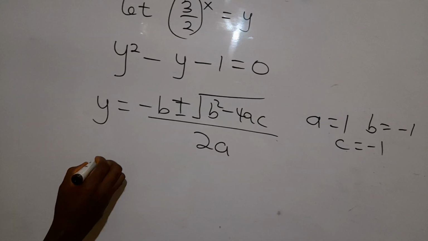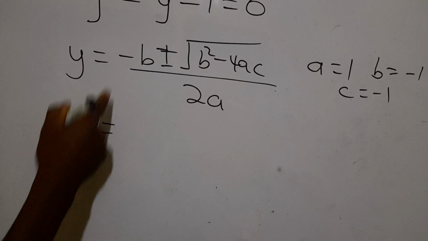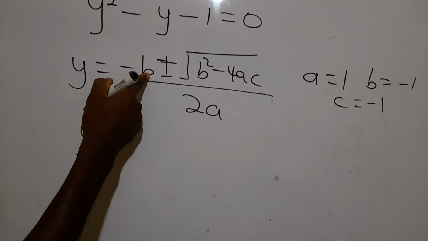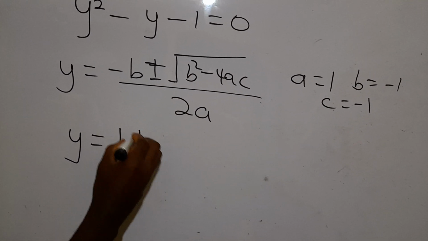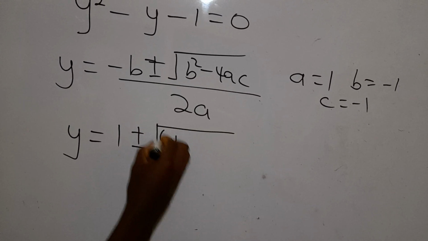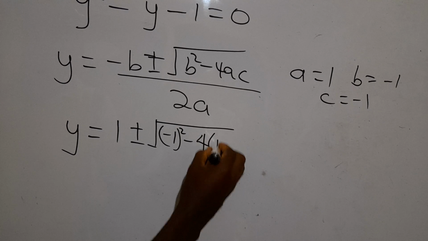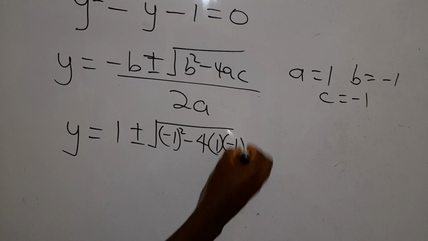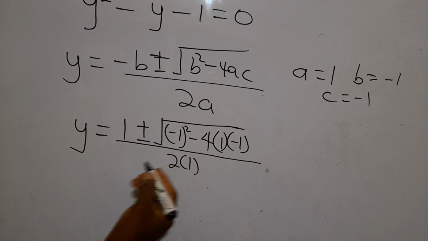So I'll substitute. Then I'll get my y to be equal to negative b. So b is negative 1 already, so it will be positive 1 plus or minus the square root of negative 1 all squared minus 4, a is 1, c is negative 1, all over 2 times 1.